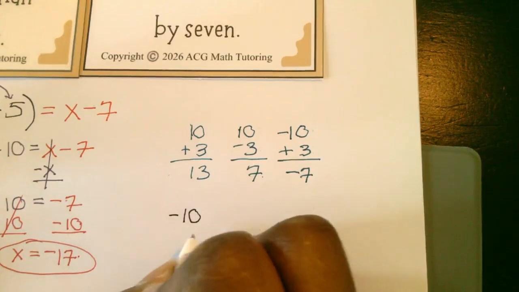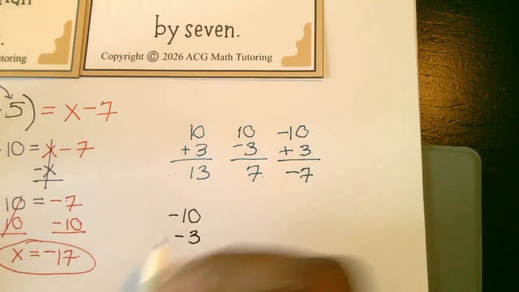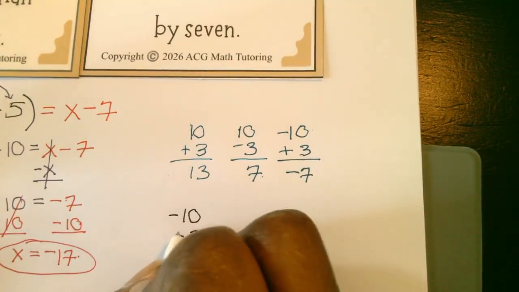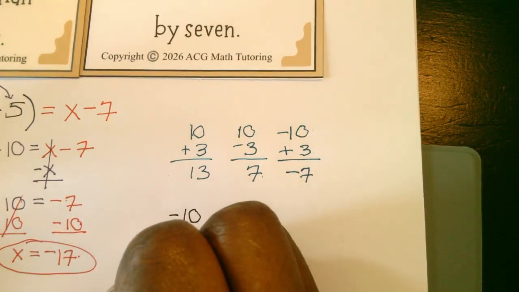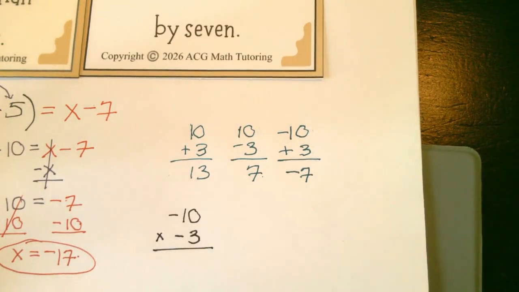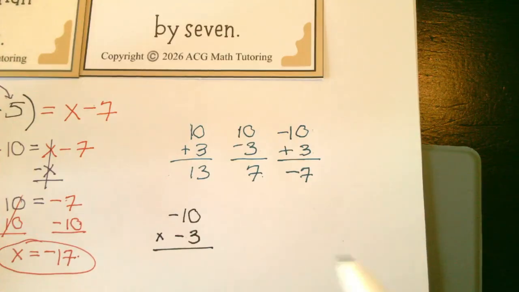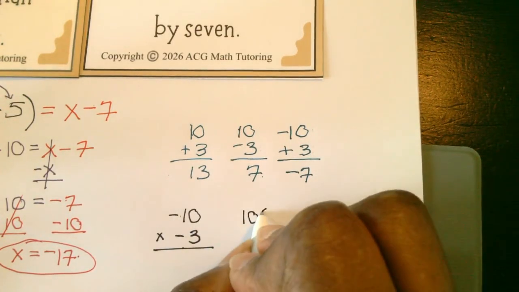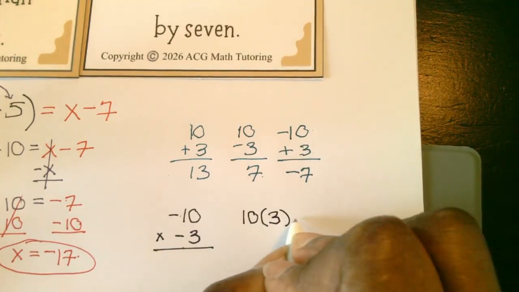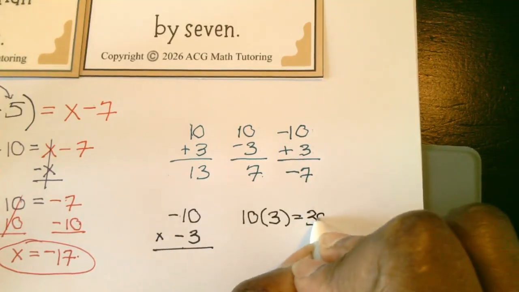negative 10 times negative 3. I should have done it the other way because I don't like using x's. But we're saying we're multiplying this. When the signs are the same, regardless if it's a negative times a negative or a positive times a positive, your answer is always going to be positive.